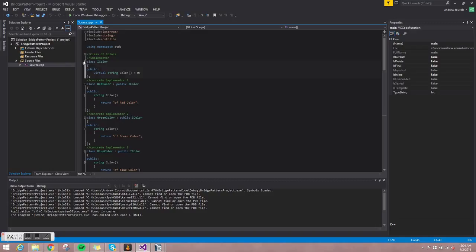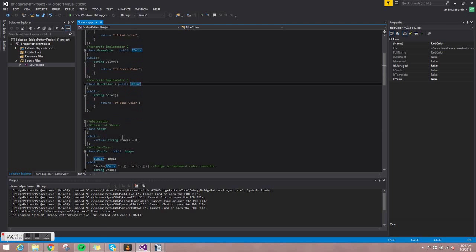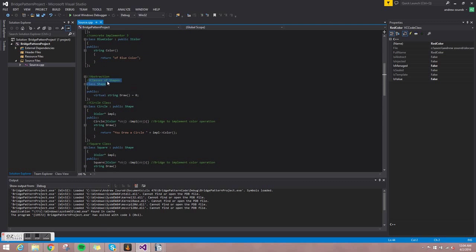These are all concrete implementors. So we have those three in the hierarchy for the color. Next we have our next hierarchy, which is for shapes. The shapes here are circle, square, and triangle, which are all the concrete implementors from the shape class.